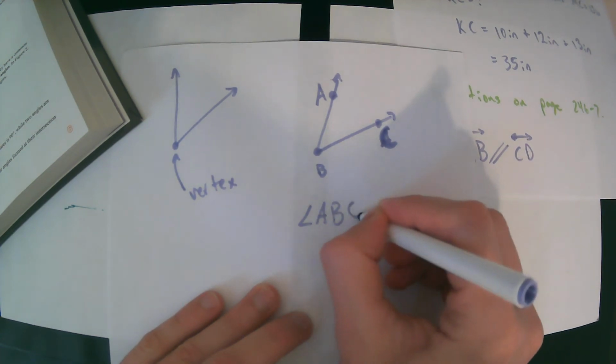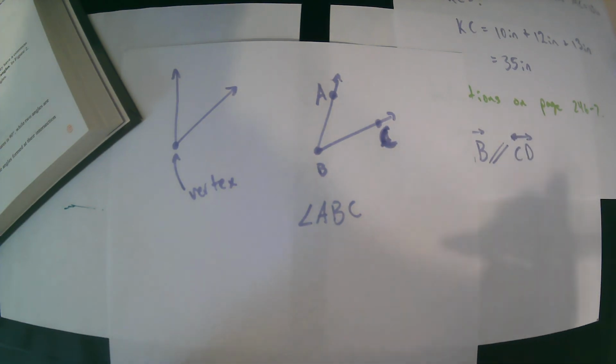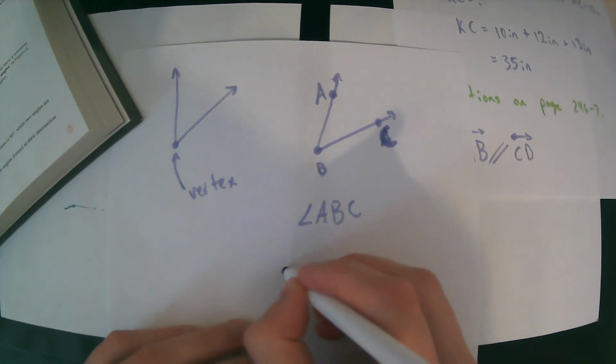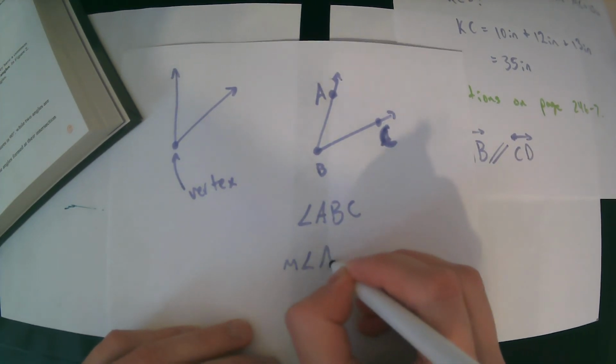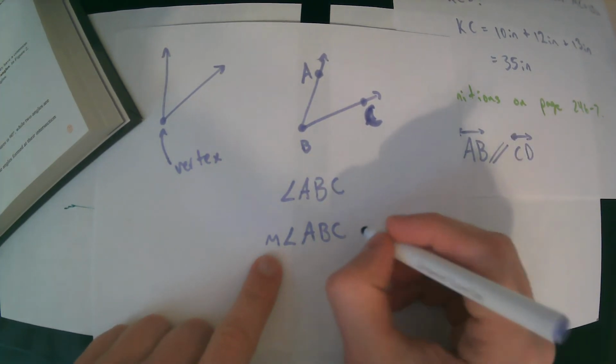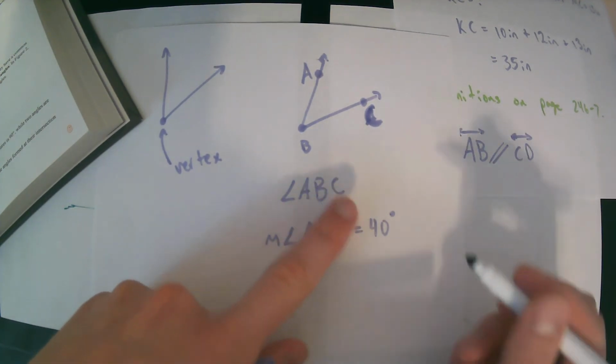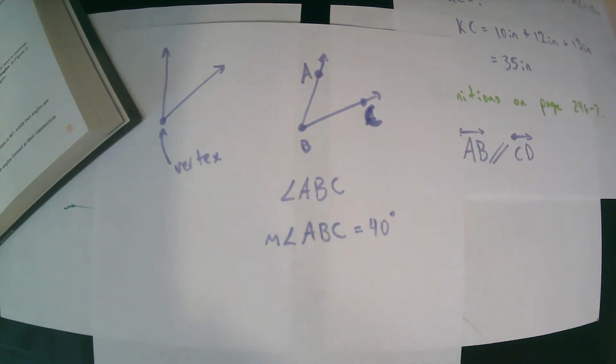This is angle ABC, and then if I wanted to say angle ABC is 40 degrees, I would say measure of angle ABC. So that little m, meaning measure of, is 40 degrees. So it's not correct to just say angle ABC equals 40 degrees. We have to say measure of angle ABC is 40 degrees.